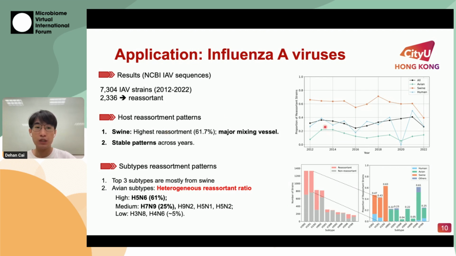When we check the subtypes of these reassortant strains, a very special case is the avian strains. Avian strains with different subtypes show very different reassortant ratio patterns. For example, here we can see they have different ratios, and the two subtypes with high ratios can also infect humans. So we need to pay attention to these subtypes to monitor reassortment events for them.